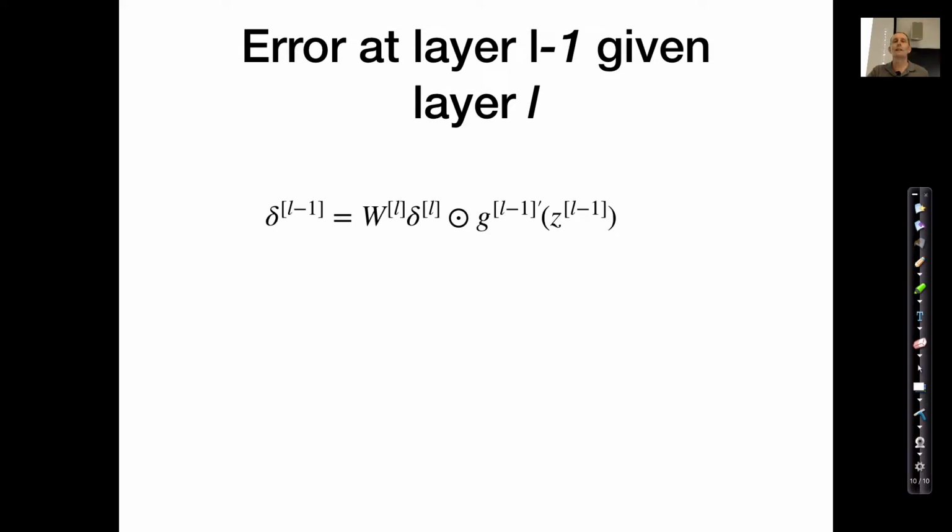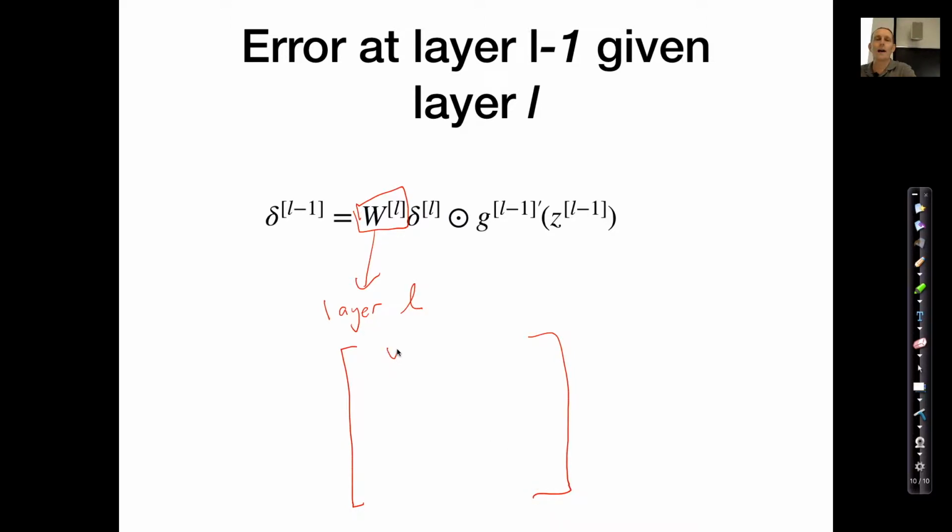Now layer L minus 1 given layer L. To calculate the error at layer L minus 1, we multiply W. What does W look like? W to the square bracket lowercase l. Let's just look at what this means. This is layer L, and we have a bunch of weights.